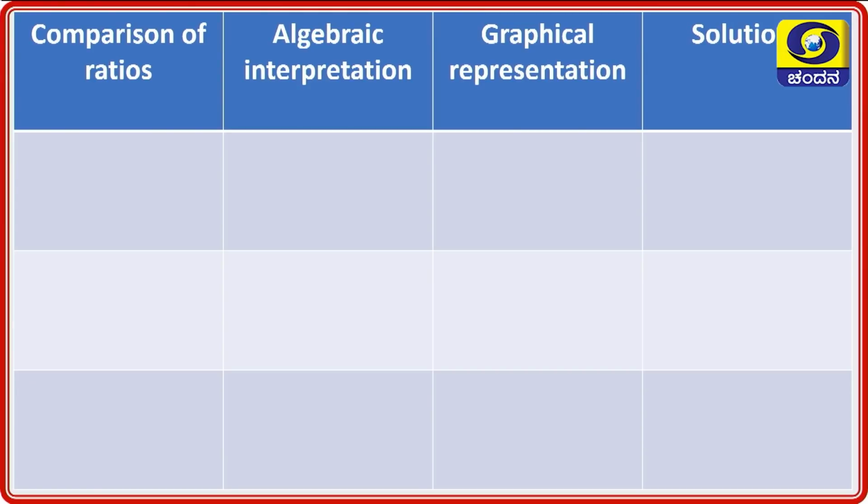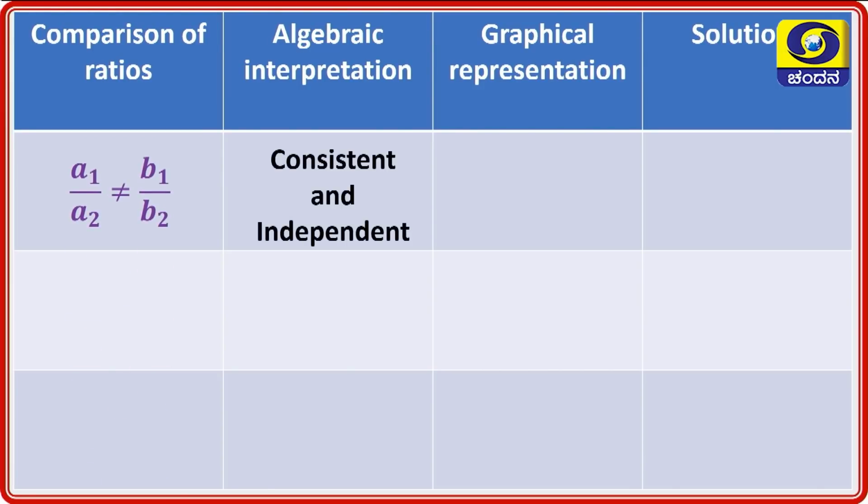Let us compare the ratios and their algebraic interpretation, graphical representation and solutions. Observe here, children. If a1/a2 is not equal to b1/b2, then the algebraic interpretation is that they are consistent and independent, whereas in the graphical representation those two lines will intersect each other, and it has only one solution, that is a unique solution.